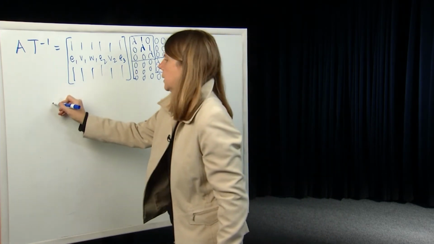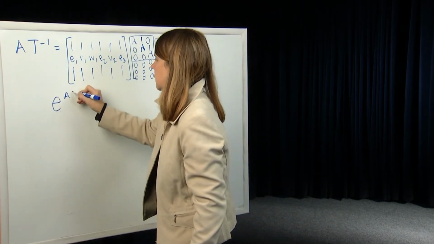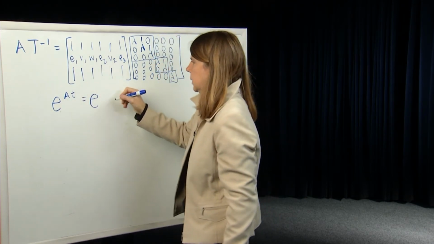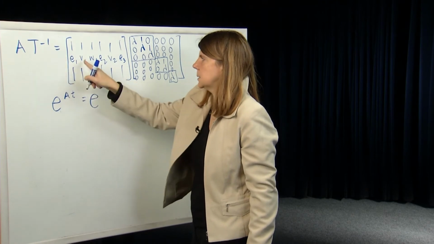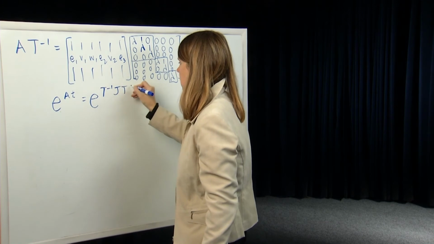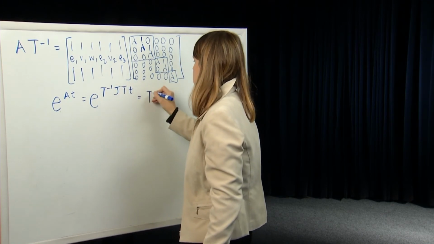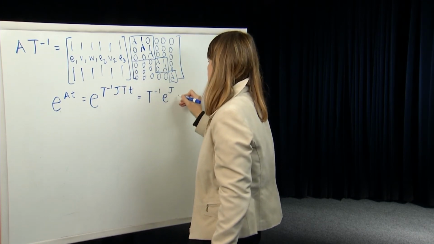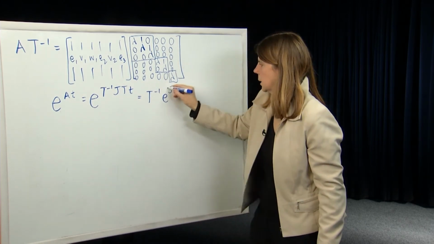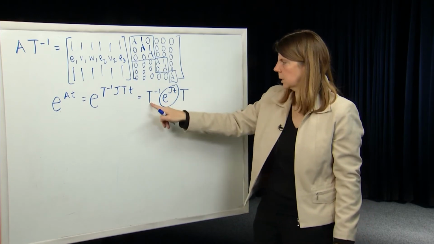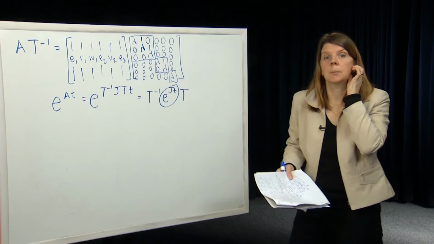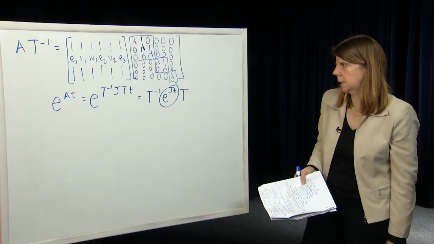So we remember that e to the At is equal to, in this case now, A is T inverse J T, which we showed before is T inverse e to the Jt T. So it's really this that we're interested in computing because we can always get back and forth to e to the At by pre and post multiplying by these n by n invertible matrices.